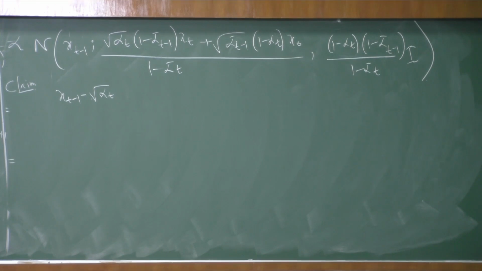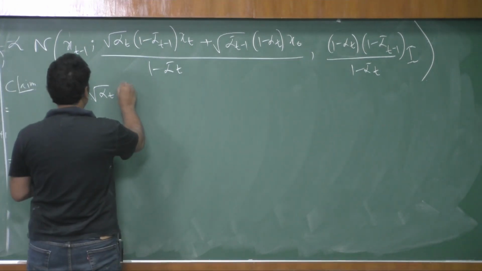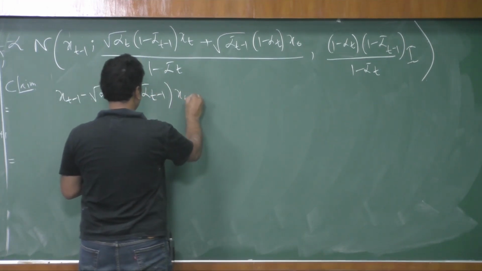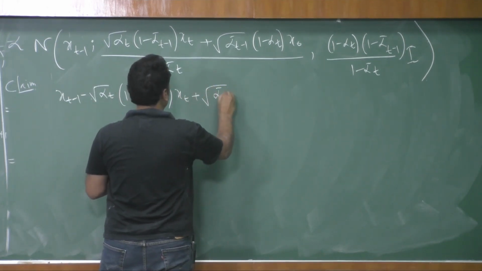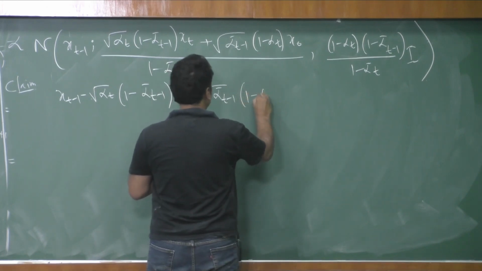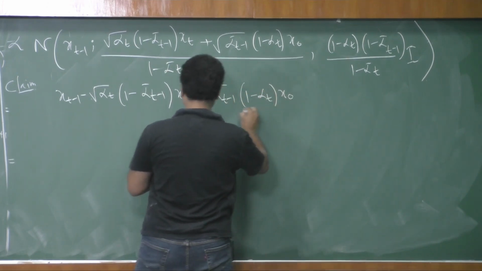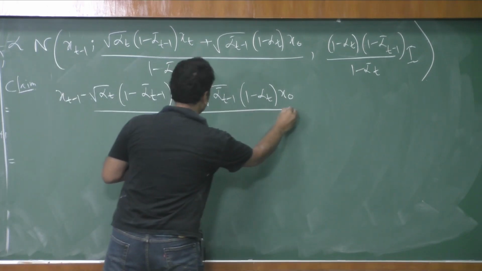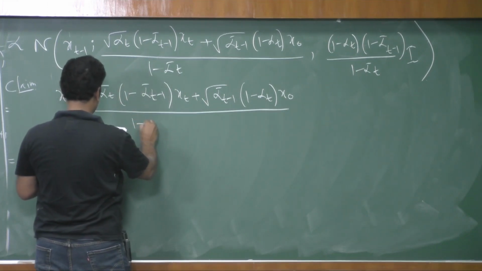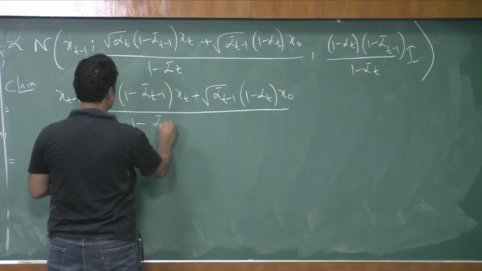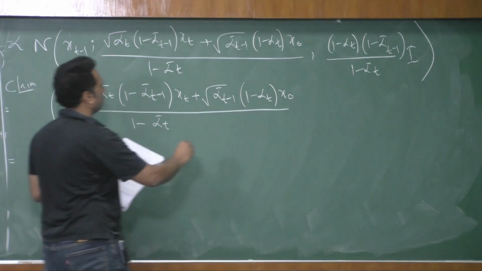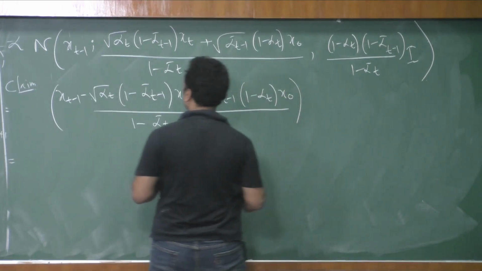So the mean is square root of alpha_t (1 minus alpha bar_{t-1}) x_t plus square root of alpha bar_{t-1} (1 minus alpha_t) x_0, divided by 1 minus alpha bar_t. We are multiplying this with itself.